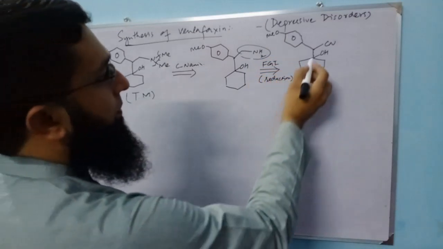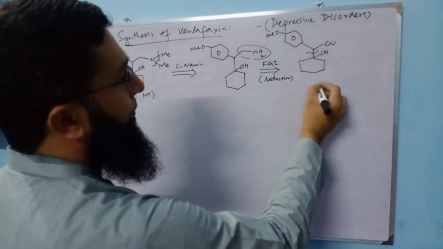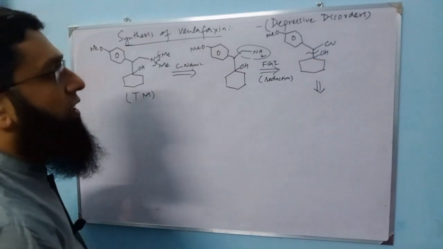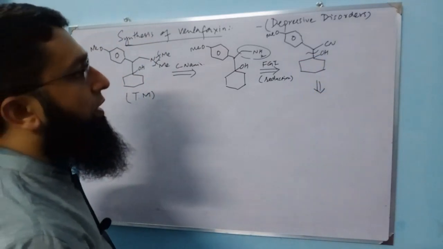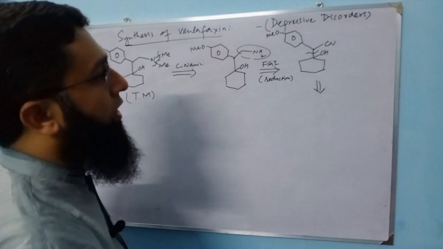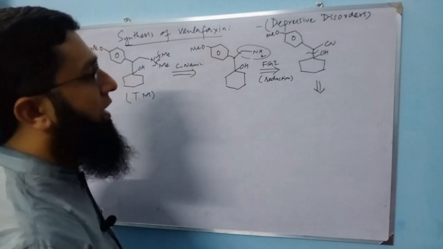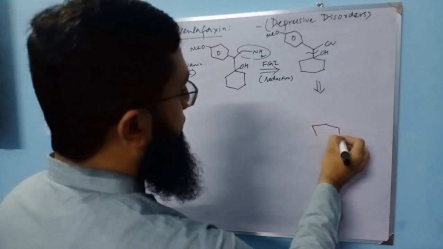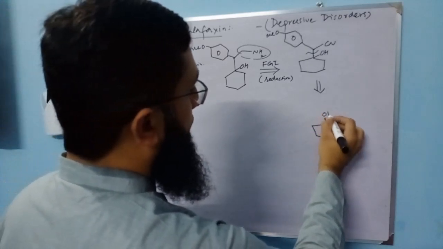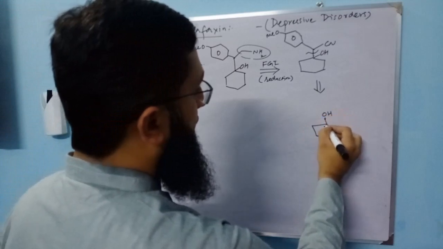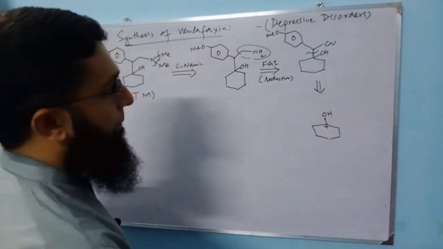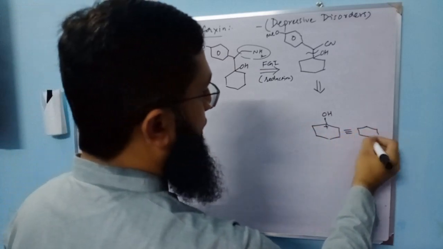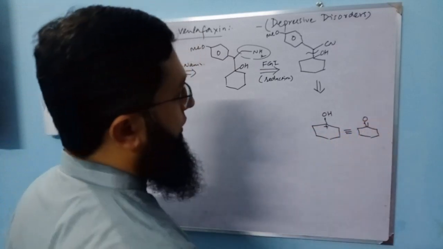And in the next step we can disconnect from here, because we have just studied that nitriles can also undergo nucleophilic addition, aldol type reaction, to aldehydes and ketones when they have alpha hydrogens. We have this type of synthon. For that, the corresponding ketone would be used.